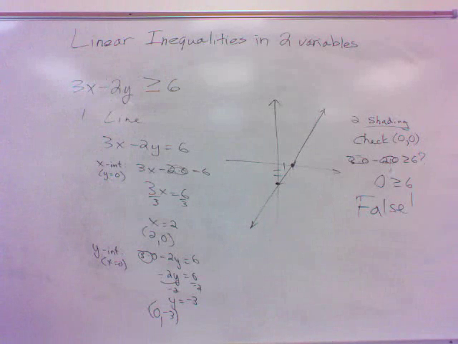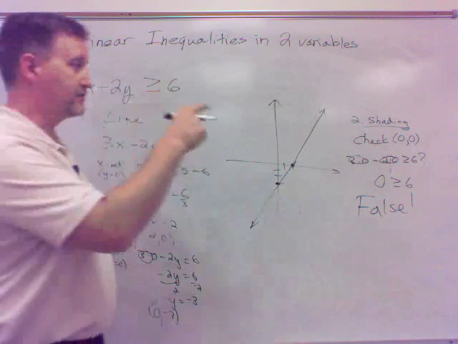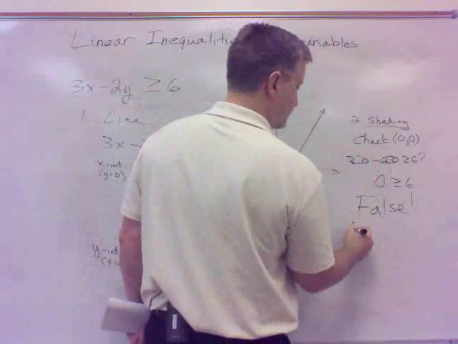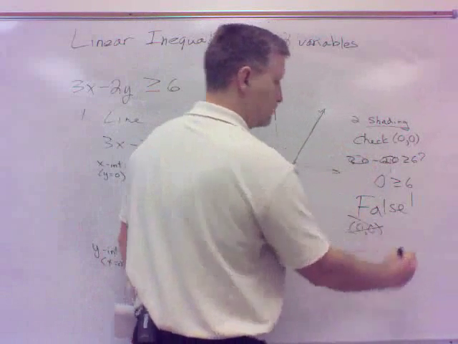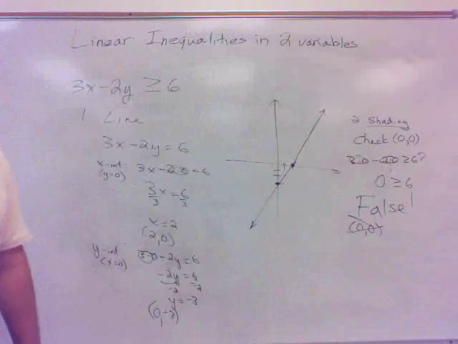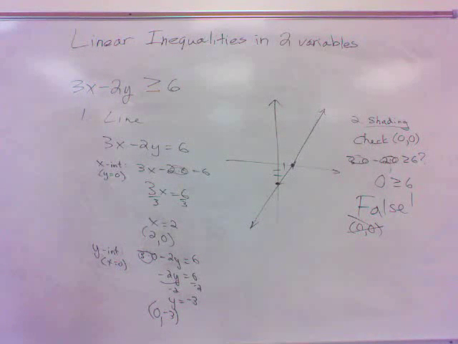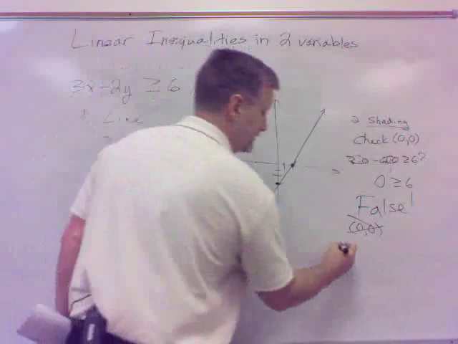What is that telling you? I don't want to shade to get the 0, 0 involved, do I? 0, 0 doesn't work. So I don't want to shade it where 0, 0 would be included. So I go to the other side, right? Shade the side that doesn't have 0, 0.